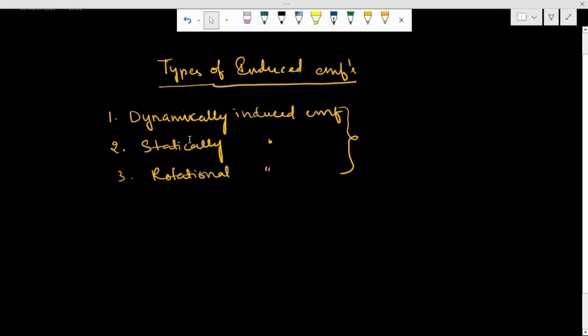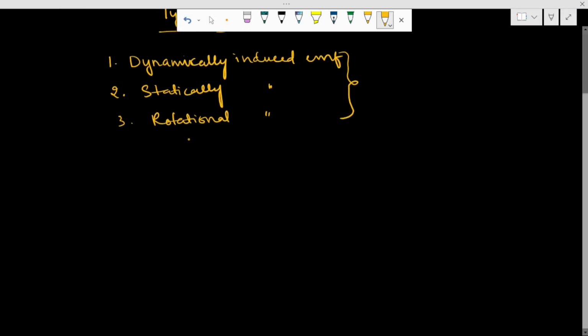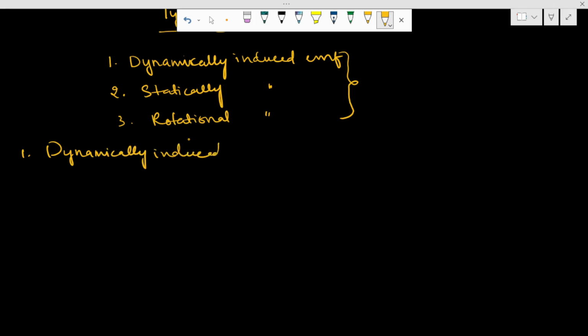Now first we'll see the dynamically induced EMF. What is dynamically induced EMF? The EMF induced when a conductor moves along the time invariant magnetic field is known as a dynamically induced EMF.